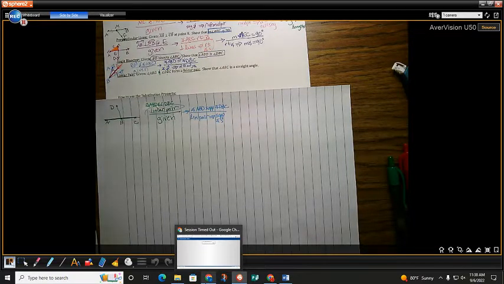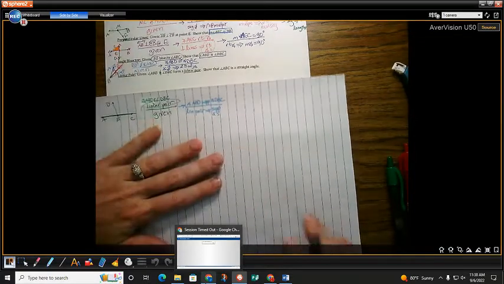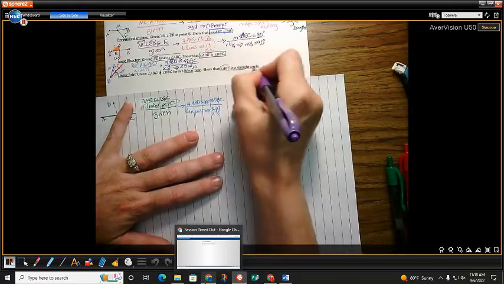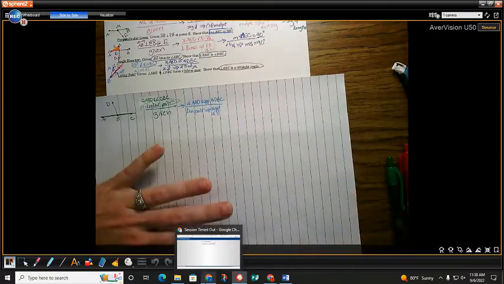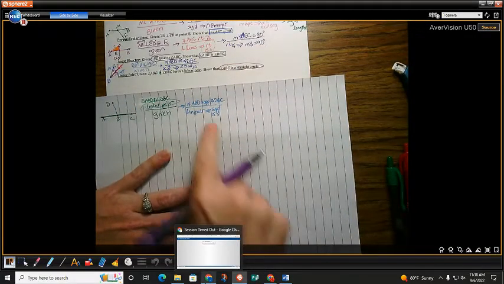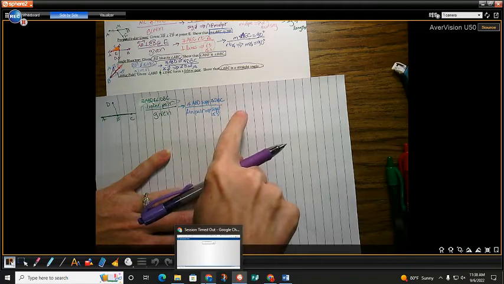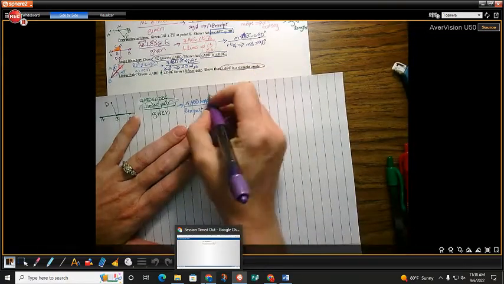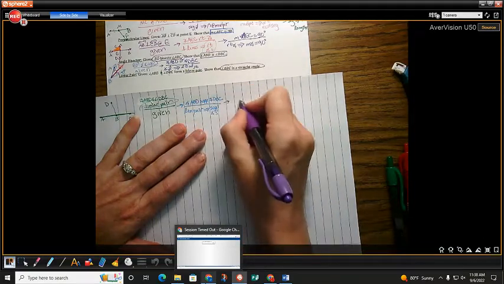There's more than one way to word that. Now I'm going to try and show that angle ABC is a straight angle. Do I see angle ABC in here yet? No? Let's see if we can drag it in. Let's keep going. Now I have supplementary angles.